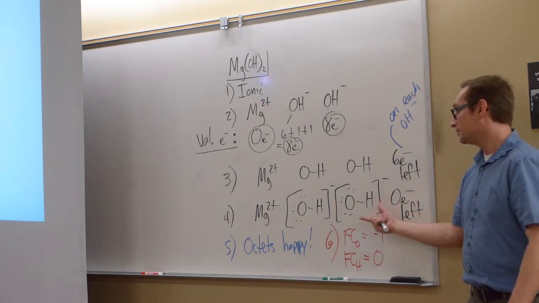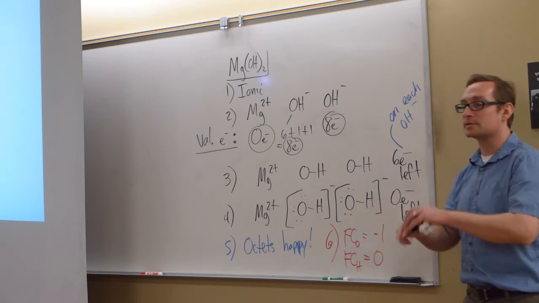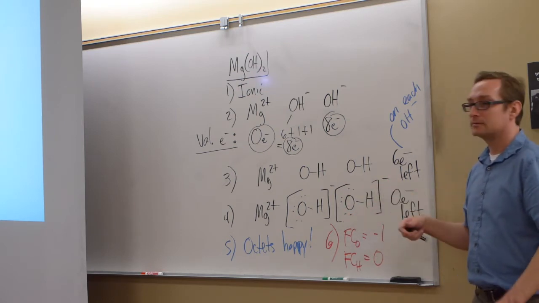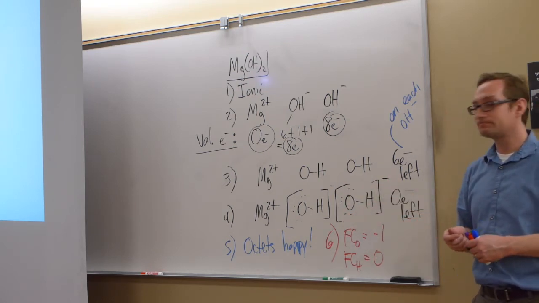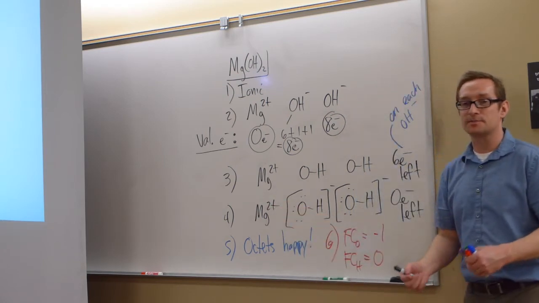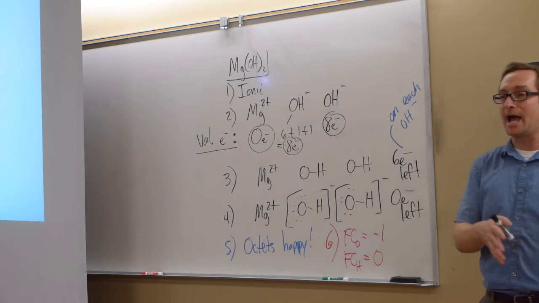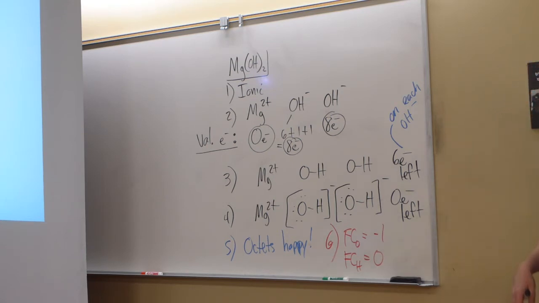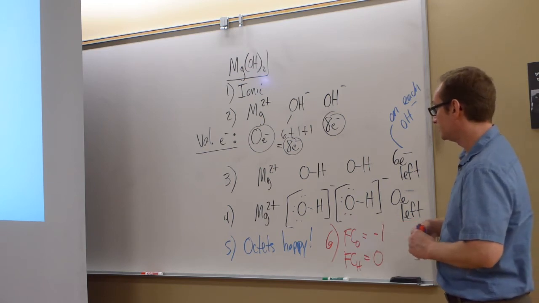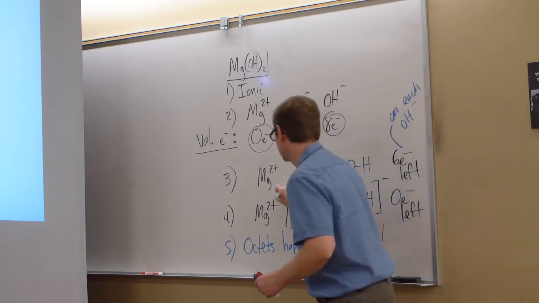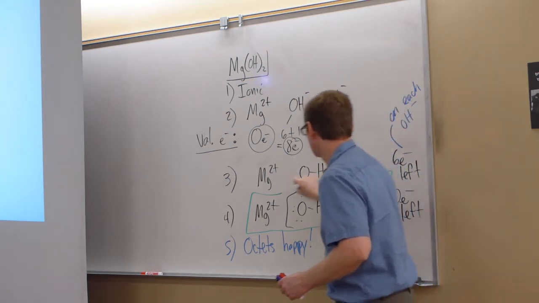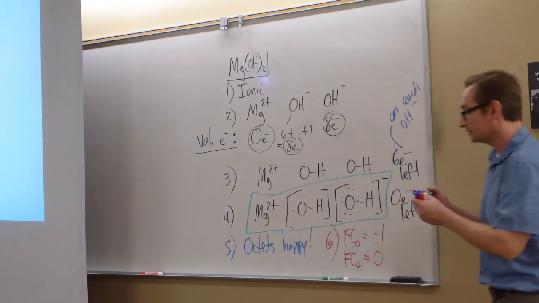So we bracket the polyatomic ions and put the charge on the outside. Monatomic ions, no need to bracket, because the charge specifically belongs only to the atom. So the final answer would be that.